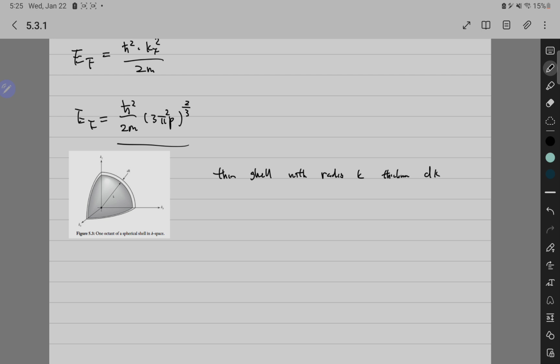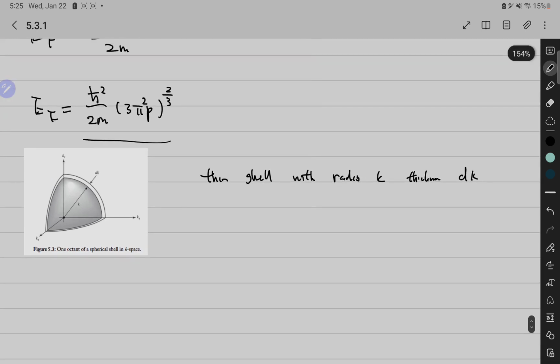That goes along with the step of every calculus problem, right? Because if I want to use calculus on this one octant of a spherical shell right here, I need to divide the sphere into an infinite number of thinner and thinner shells with different thickness.